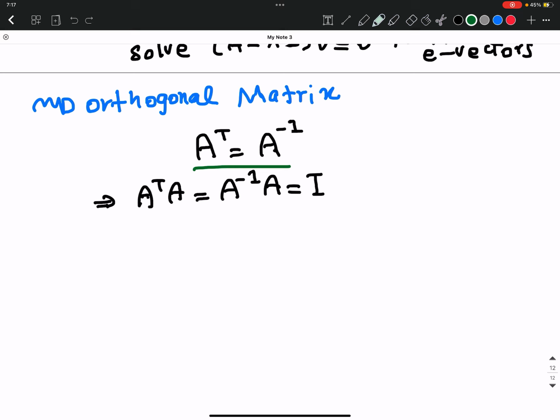And this means that if you multiply its transpose by the matrix, you will get back the identity matrix.